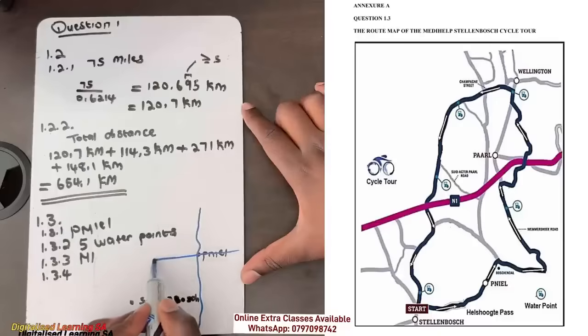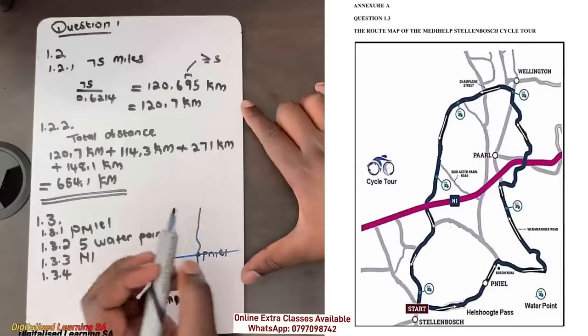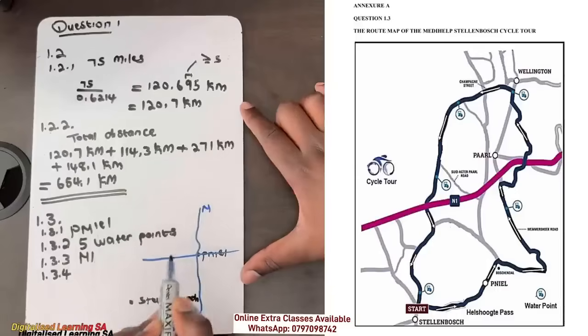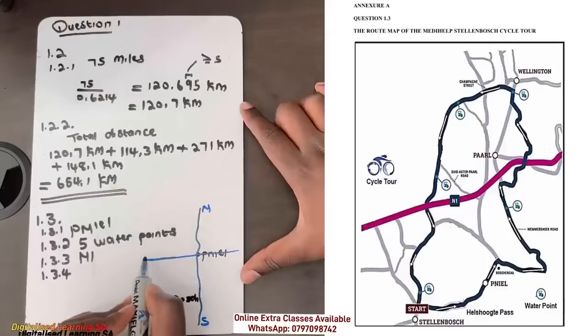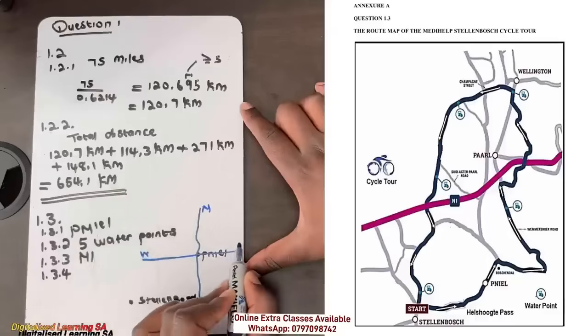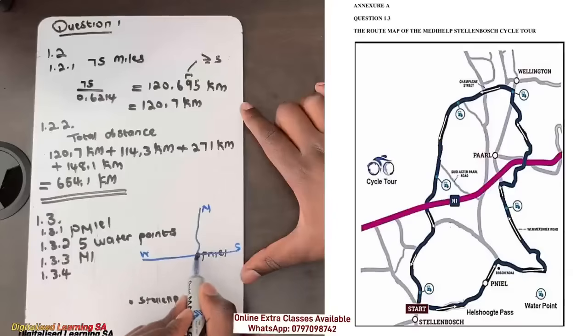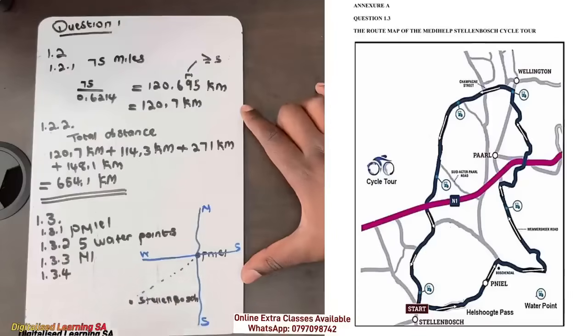So we know that up here will be north, and down here would be south, and here would be west, and here would be east. So if we are here, which general direction is Stellenbosch? We can see that Stellenbosch is between west and south, meaning that our answer is going to be southwest.